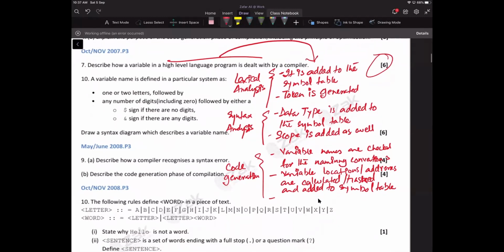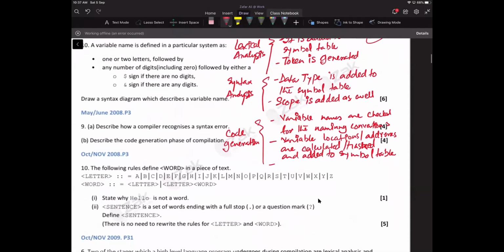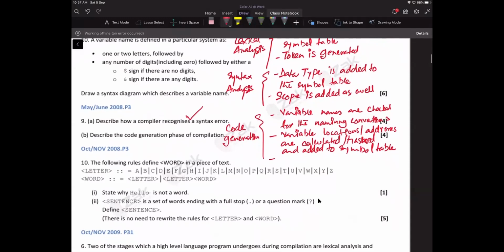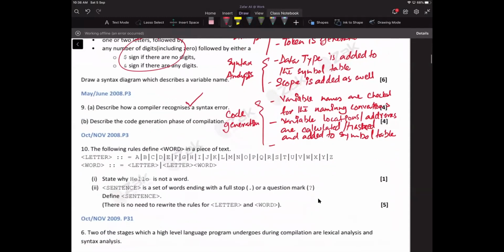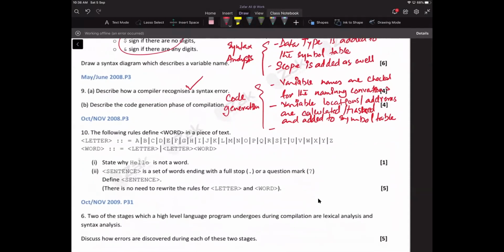Describe how a compiler recognizes a syntax error, May June 2008 P3.